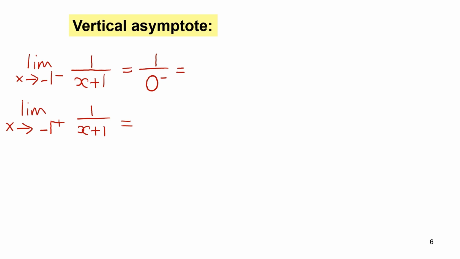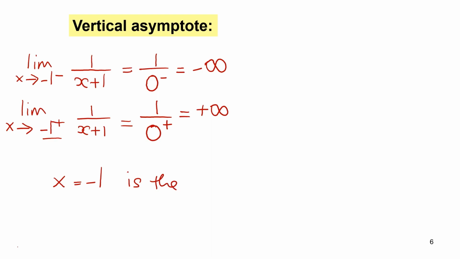Therefore, the answer is negative infinity. Second, we substitute the nearest value of -1 from the right, we get 1 over a positive value. Thus, the answer is positive infinity. And we might conclude that x equals -1 is the vertical asymptote.